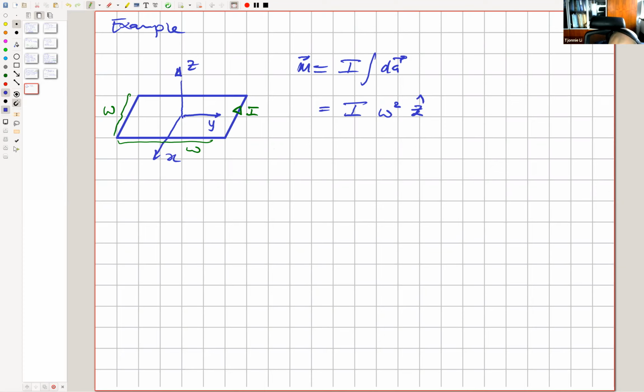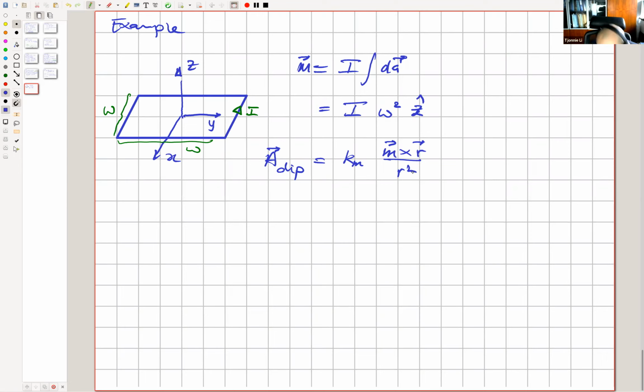And so I can now calculate, let's say, the dipole term of the vector potential. So here I can write Km m cross r over r squared. Or I can do r hat over r squared, that's fine, it's the same thing.